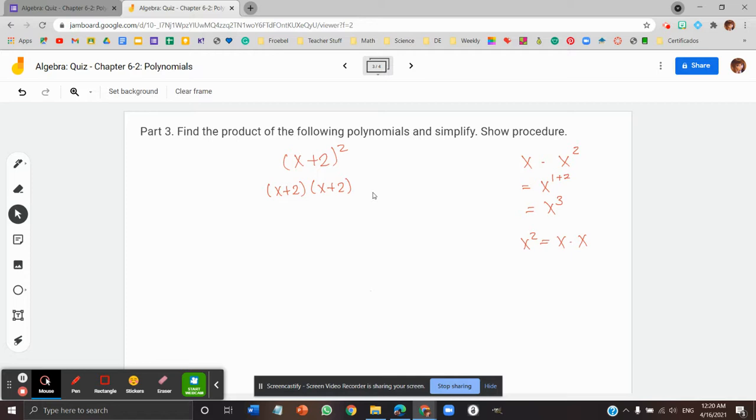Again, I'm going to take my first term and multiply it by the group. Then I'm going to take my second term and multiply it by the group. Plus 2x plus 2. Now I can use the distributive property again. X times x is x to the second. X times 2 is 2x.